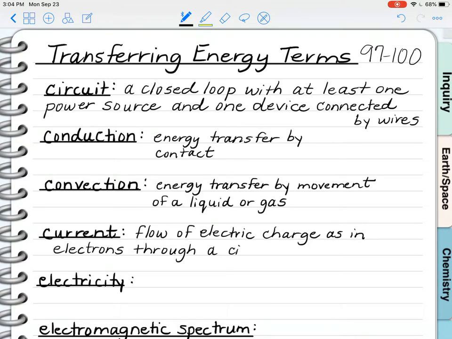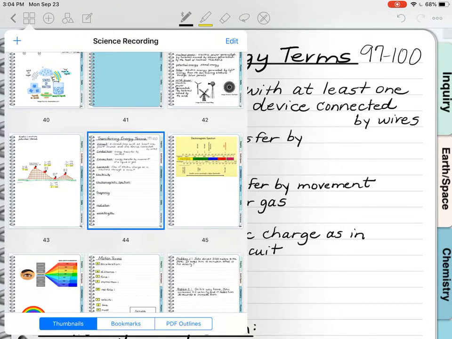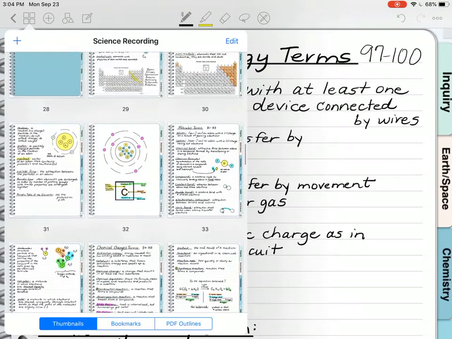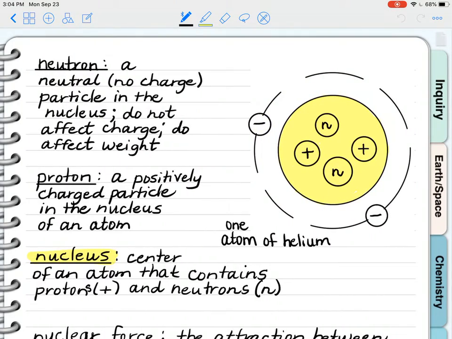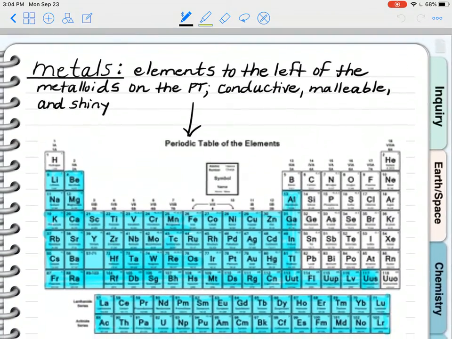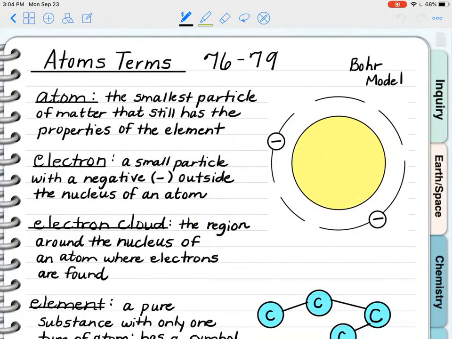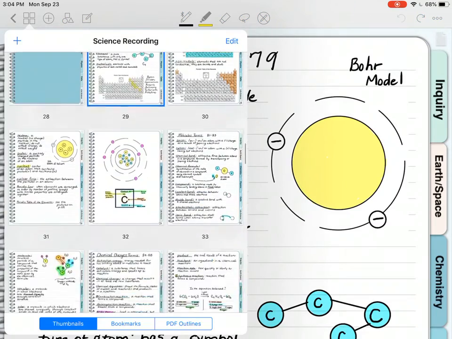I will go back to show you those. Remember this model that we drew, and we said that these are electrons right here. That's what we're talking about, electrons.